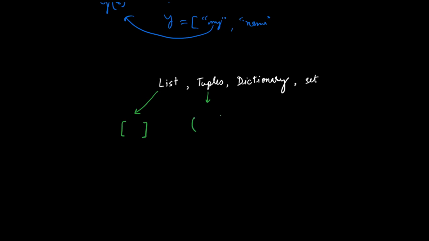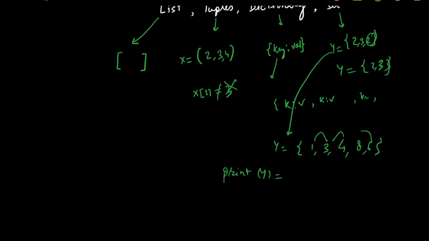For tuples, we store the variables in parentheses. It's similar to a list, but we cannot change individual variables. Suppose I have stored 2, 3, 4 equal to x. Here I would like to highlight one thing: if I want to print x of 1, it will give me 3, but if I want to assign anything to x of 1, it will not assign.